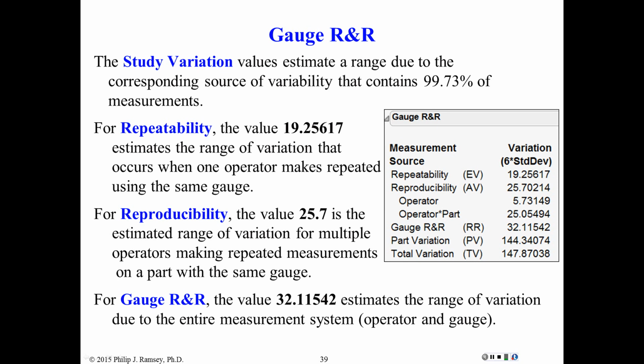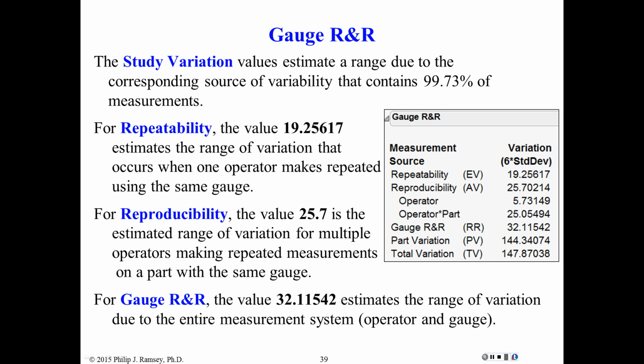In gauge R&R, there's typically one gauge, so reproducibility is just appraiser to appraiser or operator variation. And then finally, the total gauge error, the total noise in the measurements due to the measurement system, is sometimes called the total gauge R&R error.